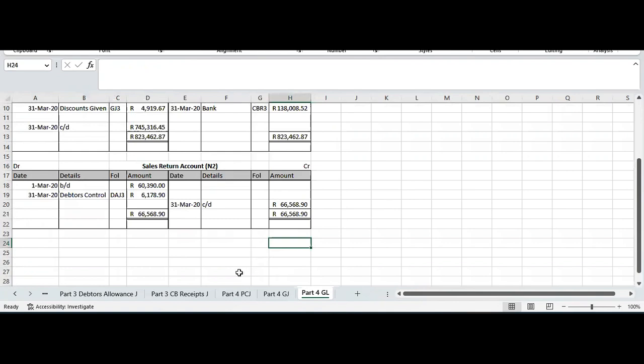Now, remember, in this case, we are working with a company that makes use of the perpetual inventory system, and the markup is on cost, and we worked with the debtors account. So the journals that we worked with here are more the journals that relate to our sales and really not to our purchases.